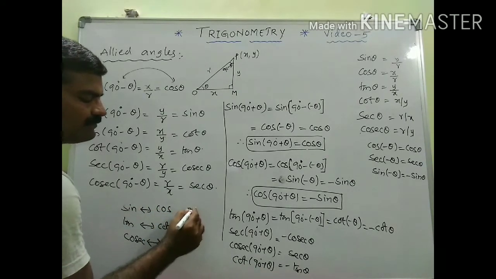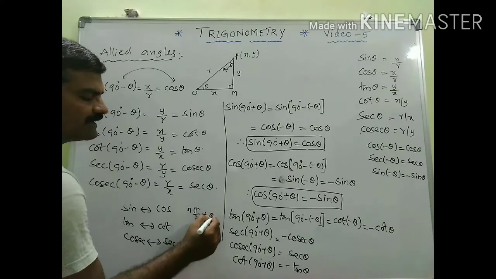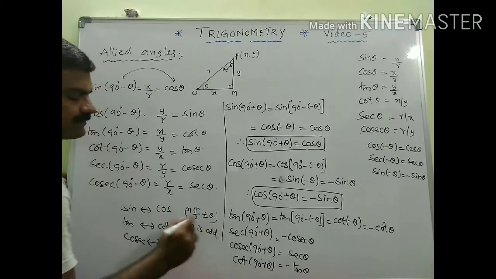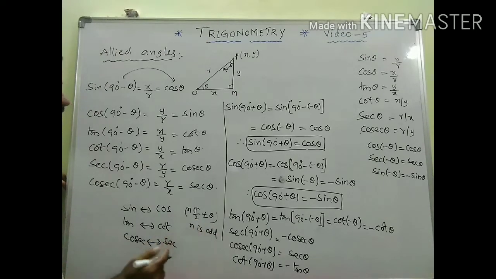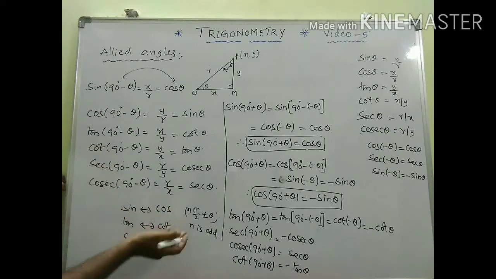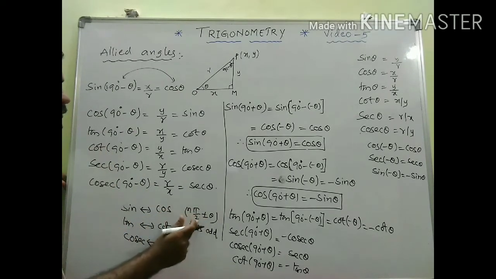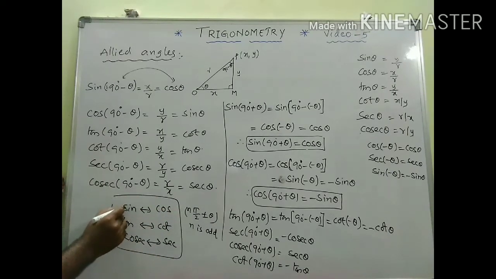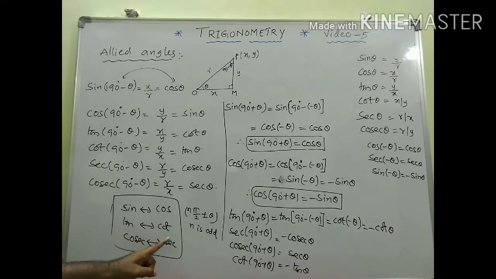When it is in the form of n pi by 2 plus or minus theta, where n should be odd, for example here 90 is nothing but 1 into 90, isn't it? 1 is an odd number, so it is in the form of n into pi by 2 plus or minus theta. Then please observe that sine changes into cos, cos changes into sine. Tan changes into cot, cot changes into tan. Cosecant changes into secant and secant changes into cosecant.